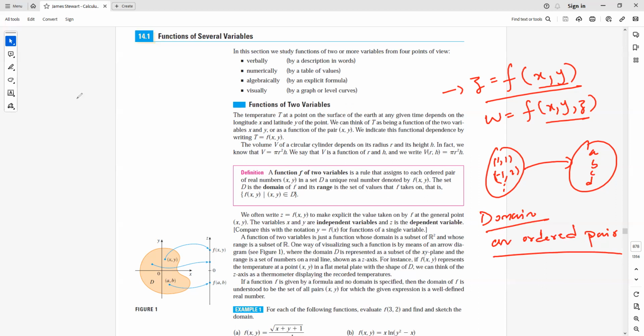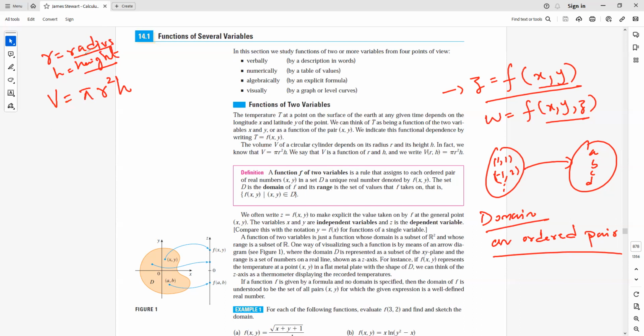For example, let's take an example of a multivariable function. Let's say we are interested in the volume of a cylinder. Volume equals pi r square h, where r is the radius and h is the height of the cylinder. Now we have two independent variables, because radius might vary, height might vary.